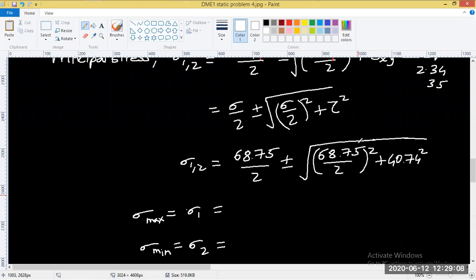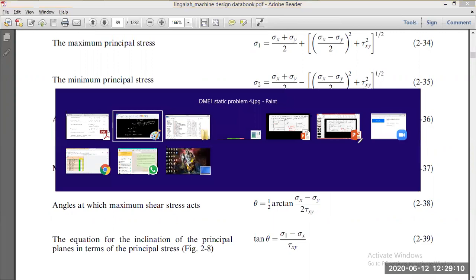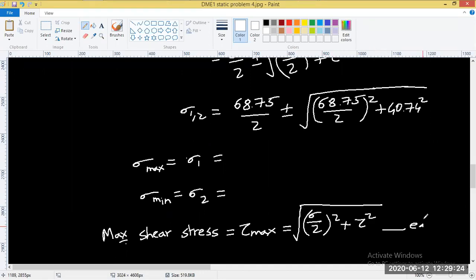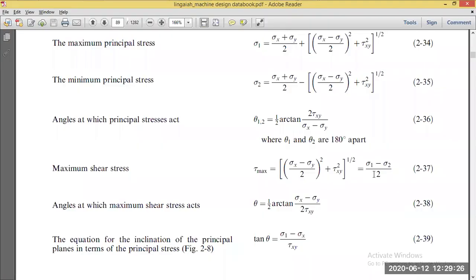Okay, I'll write it for you how it looks like. It will be just like square root of sigma by 2 whole square, which is the combined stress, plus tau square. So this is equation 2.37.